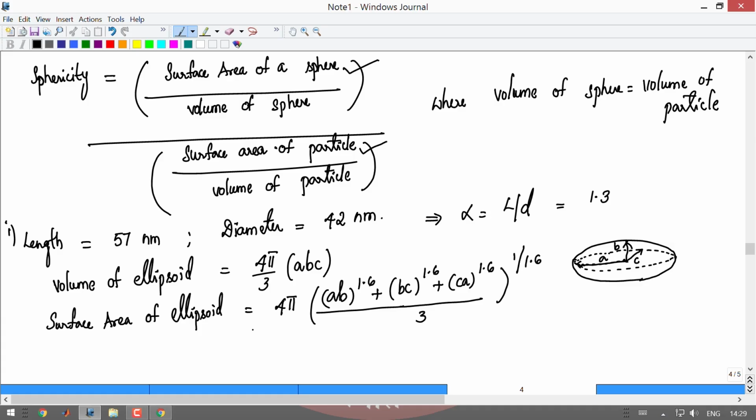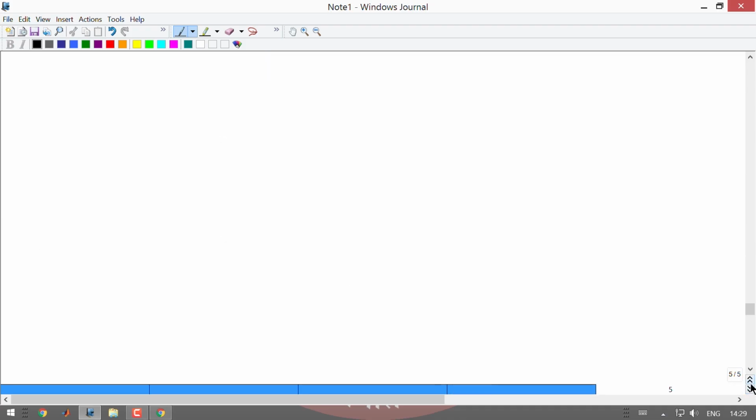And again, if we see when A equal to B equal to C, we will end up with the equation very similar to the surface area of a sphere. So, now we have the expressions for volume of the ellipsoid and surface area of the ellipsoid, and we know the dimensions, and now first we will calculate those.